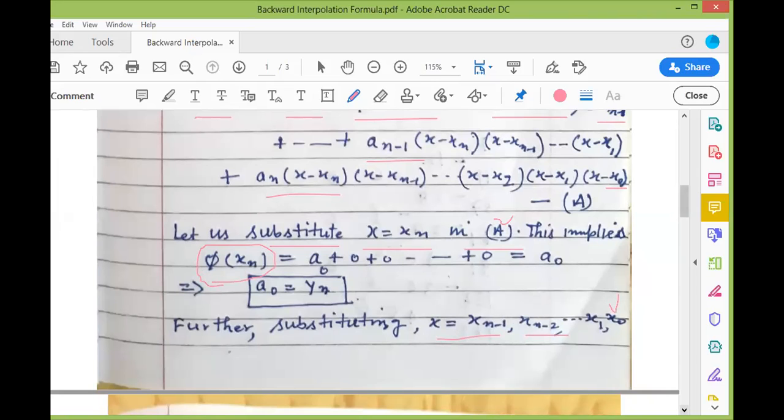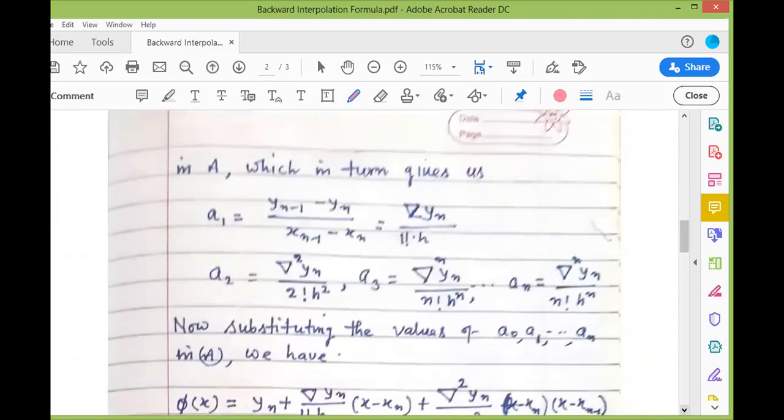What happens? We get different values in the same polynomial as we have denoted by A, which in turn gives us a1 is equal to, look at here, interesting, a1 is equal to yn minus y n minus 1, and this denominator is xn minus x n minus 1.